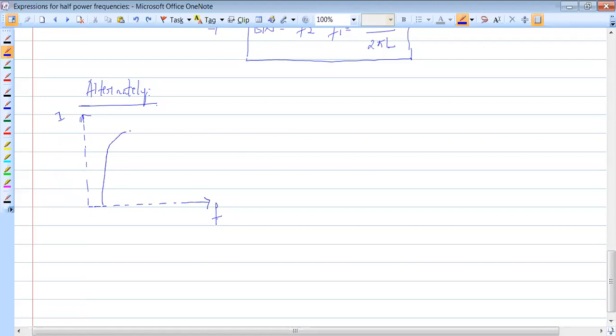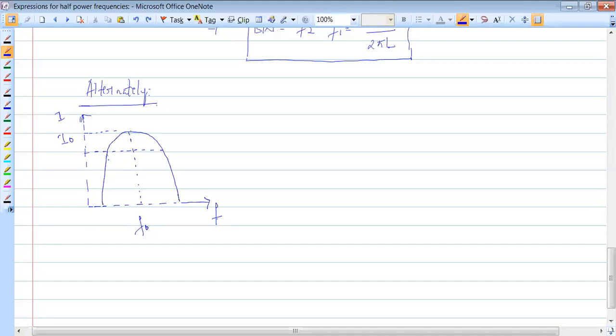Now it goes to maximum and comes down. When would this current go to the maximum? At f naught it goes to maximum. So when it goes to maximum, it is called I naught.